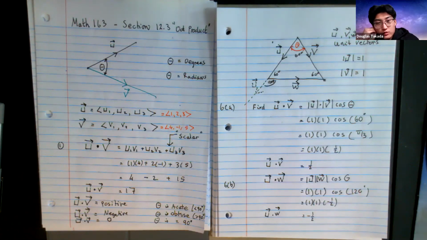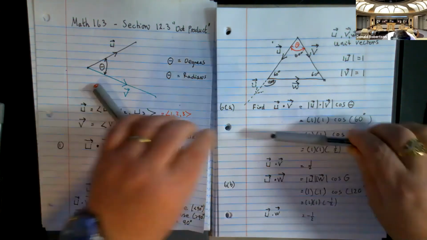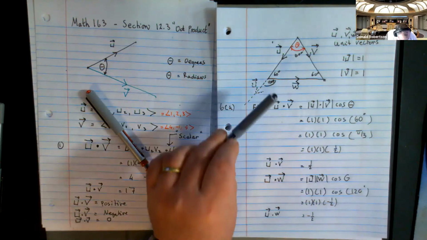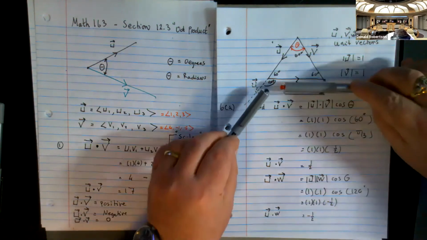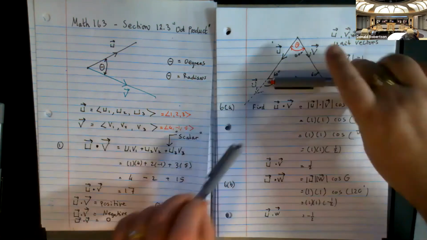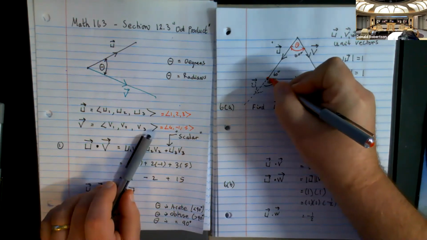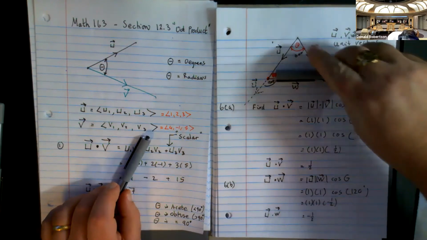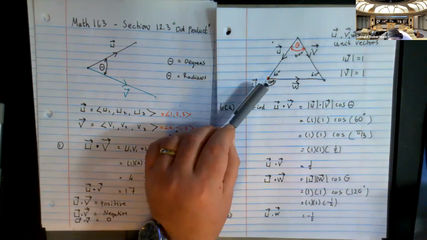Can you explain again why we used 120 degrees instead of 60? Right. If you imagine the vector U and the vector W, it's those two pens. You need to start at a fixed point, and W leaves this way, and U has to go this way.